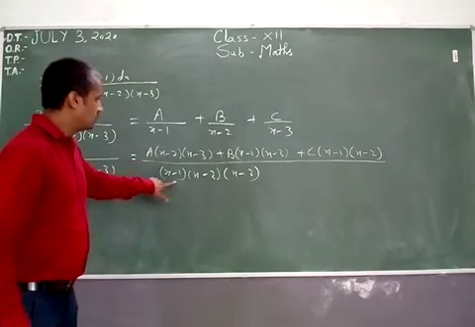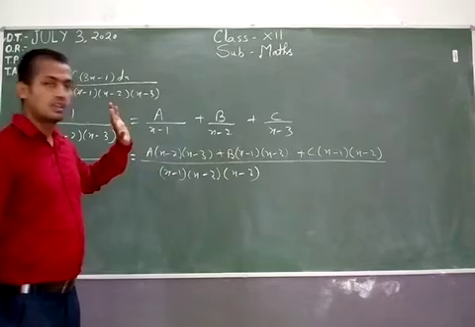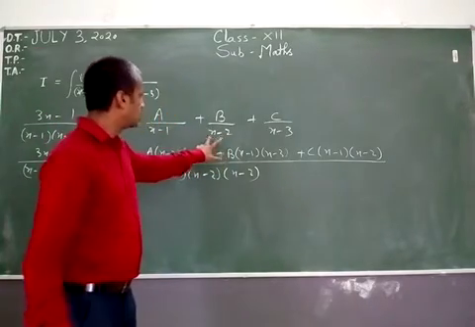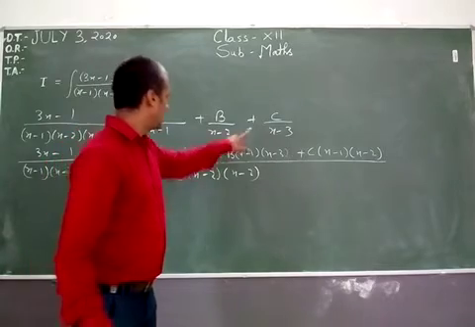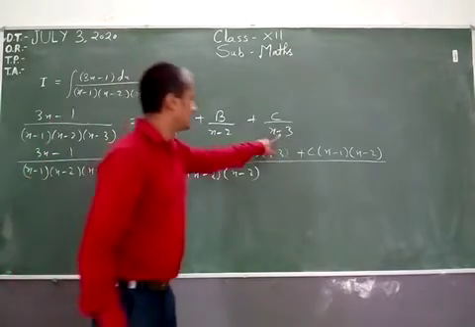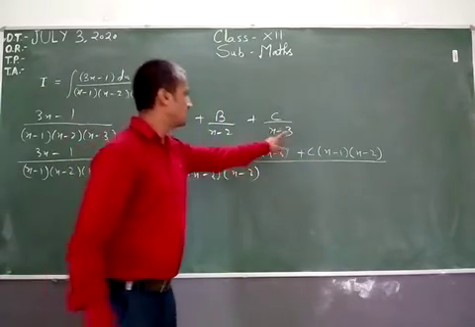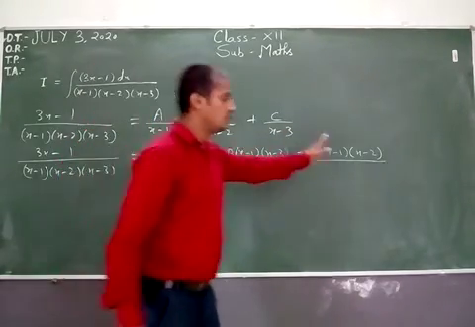A upon (x - 1): we remove (x - 1), and (x - 2)(x - 3) is multiplied. B upon (x - 2): we remove (x - 2), and (x - 1) and (x - 3) are multiplied. C upon (x - 3): we remove (x - 3) to multiply (x - 1) into (x - 2).